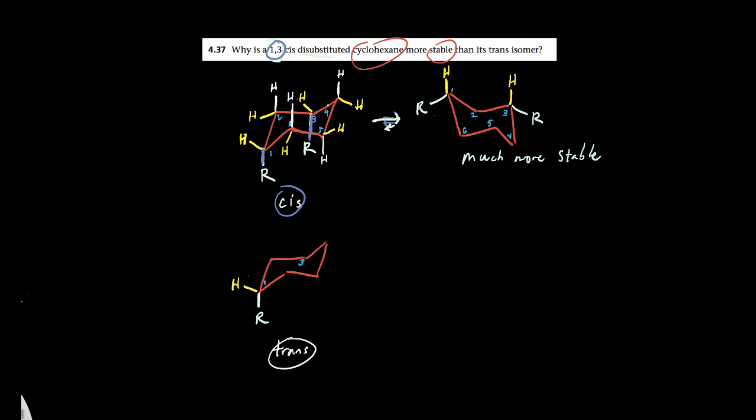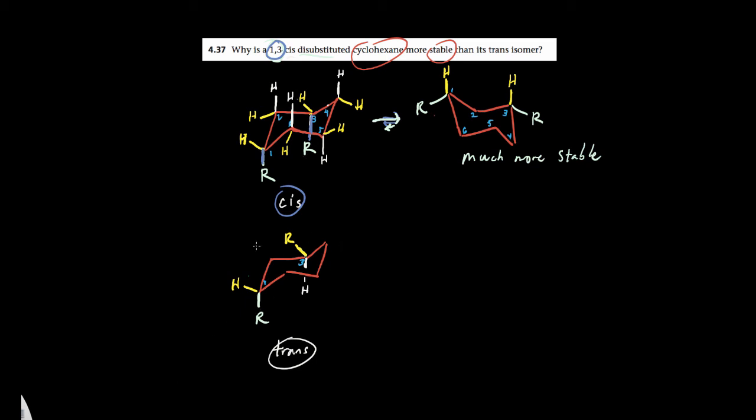So since it's trans, that means that the R group at carbon 3 is up, and the R group on 1 is down, the R group on 3 is up, and up is equatorial. So here's the R, and since I'm making my equatorial substituents yellow, I'll put the R group here in yellow, and I'll put the hydrogen going down in the axial position.